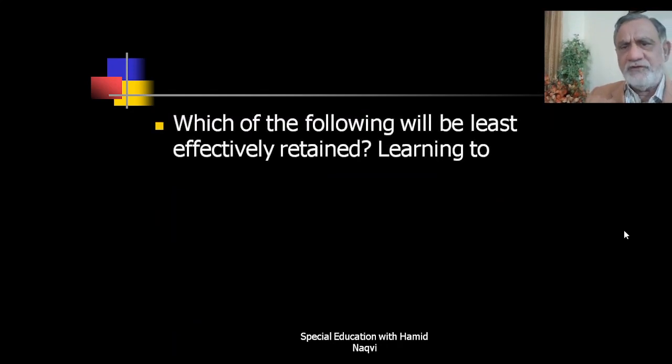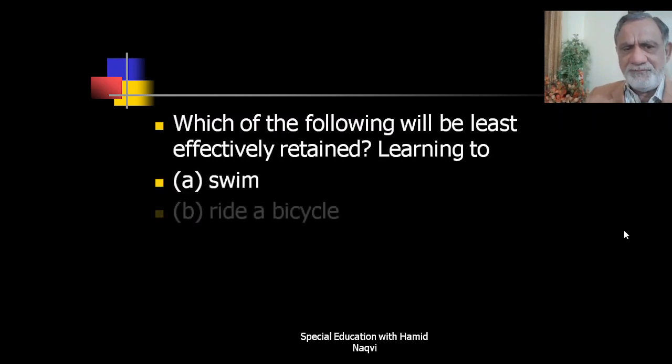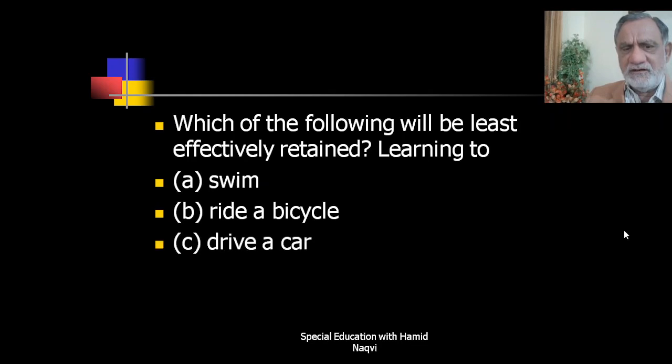Which of the following will be least effectively retained? Learning to swim, ride a bicycle, drive a car, or recite a poem. The correct answer is D, that is recite a poem.